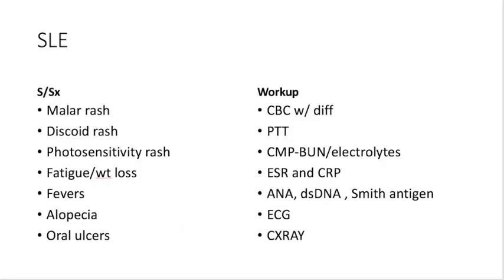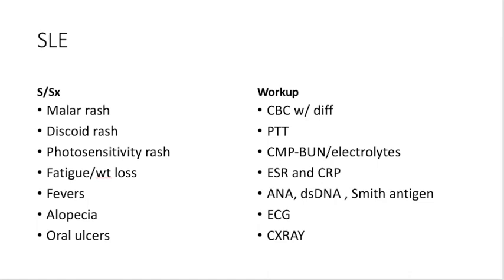Your signs and symptoms are dependent upon where the complexes are deposited. We can get rashes, and they commonly occur after sunlight exposure and are more photosensitive. The discoid rash is erythematous raised patches with keratotic scaling, so they look almost like psoriasis. Overwhelming fatigue, weight loss, fevers, they can have oral ulcerations, alopecia.